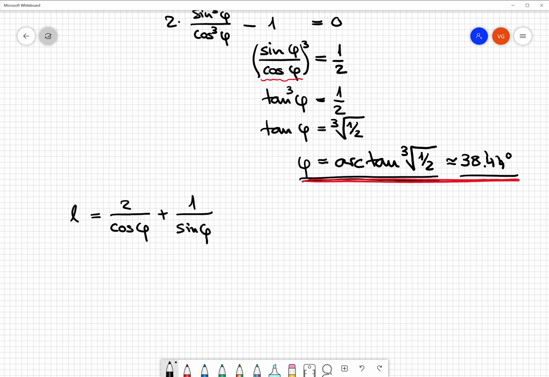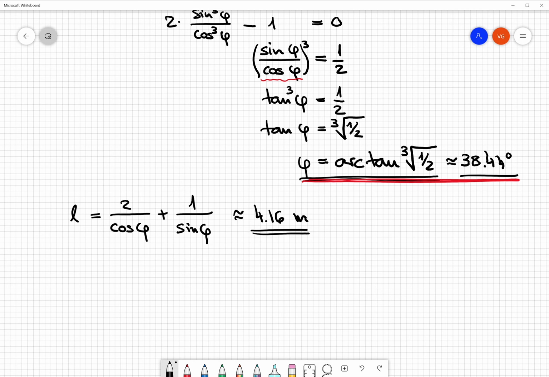If I store the angle I've just computed in my calculator and compute this expression here, what I get is L is approximately 4.16 meters. Okay? That's the longest ladder that fits around that corner.